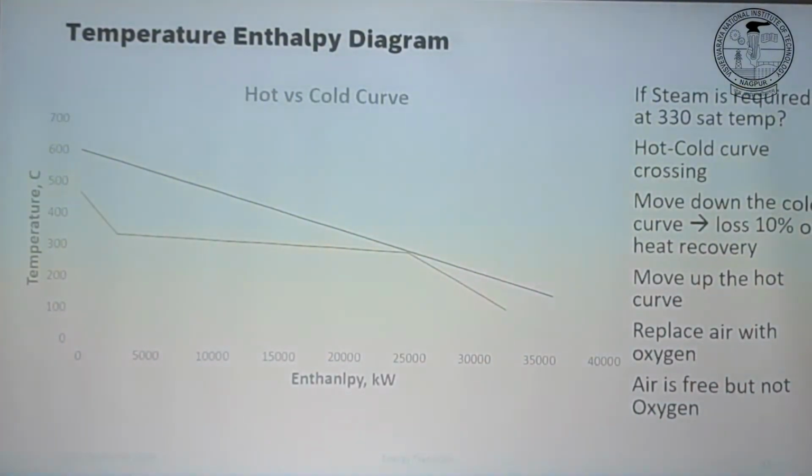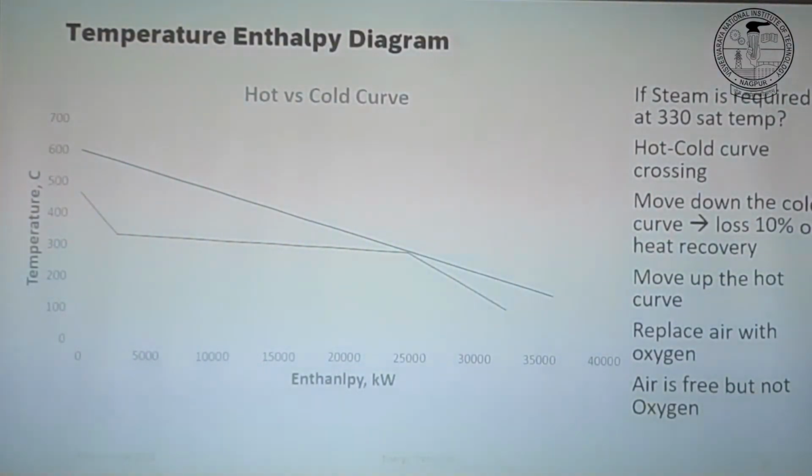So you could imagine if going from 285 to 230, it will be even more. More energy will be left unrecovered. So first we saw how we can move this curve a little bit down. Now we'll see how we can move the hot curve a little bit up.